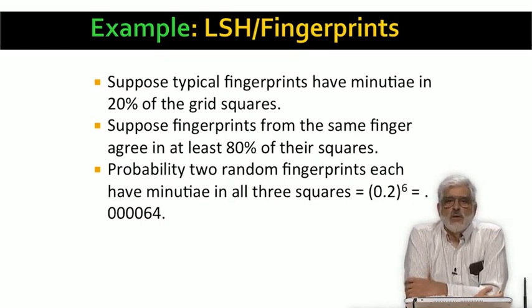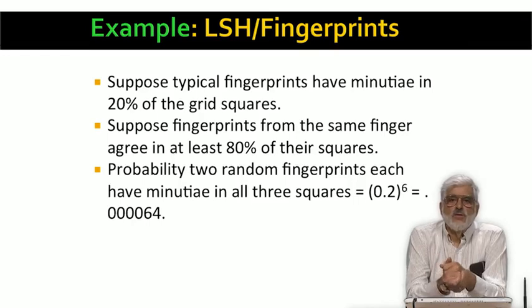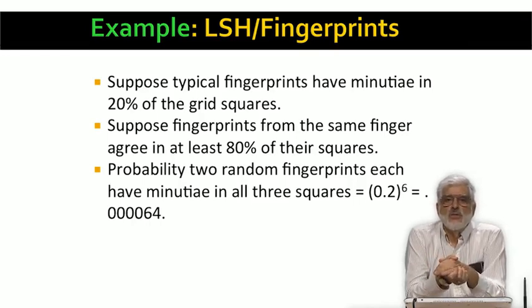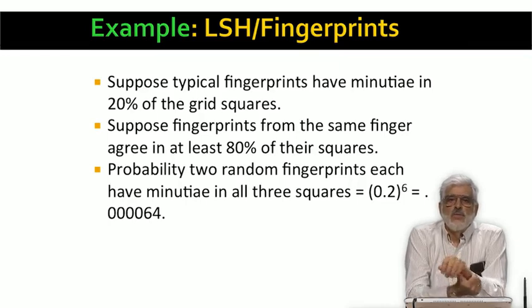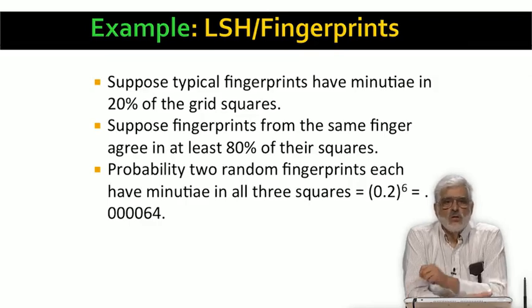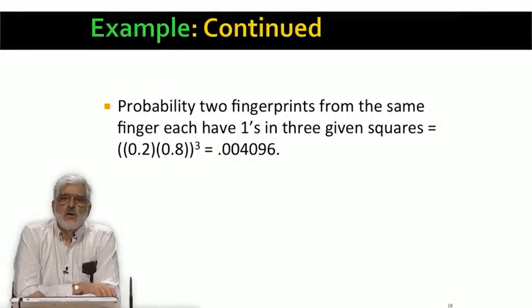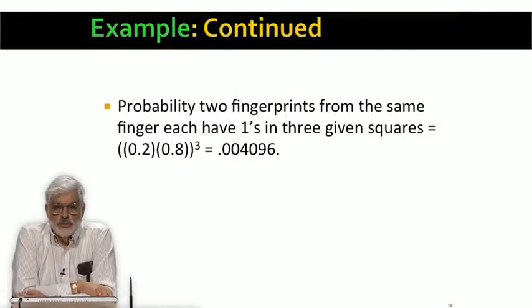First, if the fingerprints come from different fingers, then the probability that both prints are placed in this bucket is really tiny. For each fingerprint has a 20% chance of having minutiae in each of the squares, so the chance of it hitting all 3 is 0.2 cubed. And for both fingerprints to hit, the probability is the square of that, that is 0.2 to the 6th power, or 0.000064.